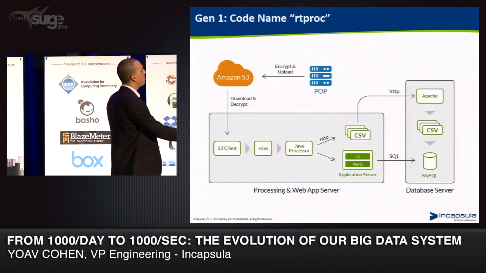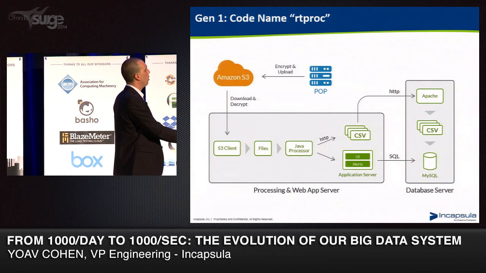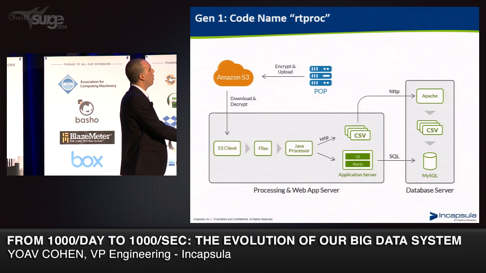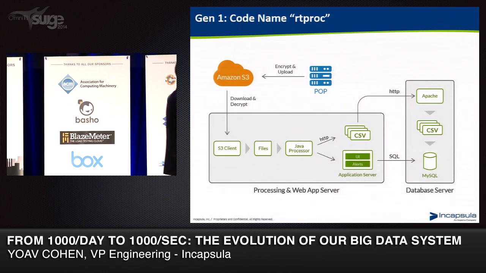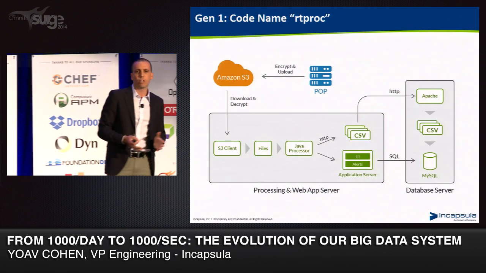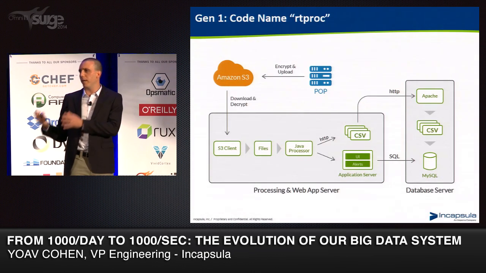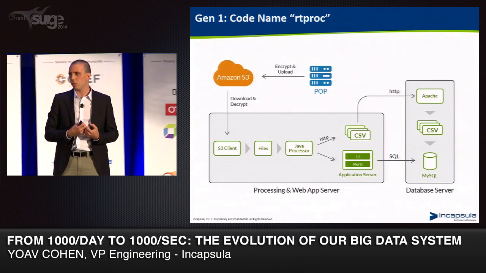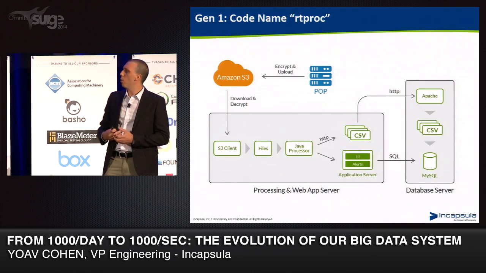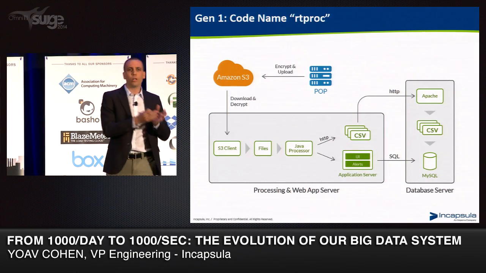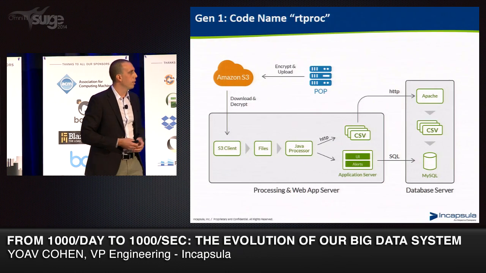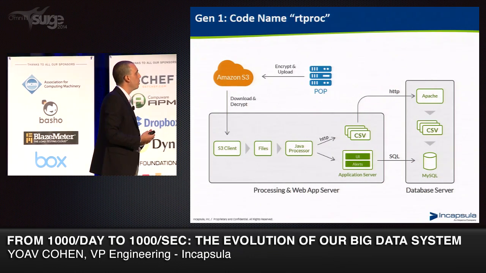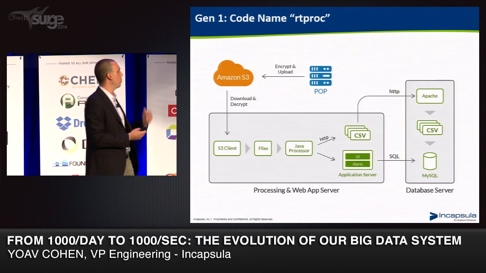So we have our POP server here, our POP and all the edge servers inside. And we use Amazon S3 as a mediator, as a buffer, to store the files that are generated by the edge servers until they are picked up by our processing engine. So we encrypt the files, we upload them to S3, and from our processing server, we download them and we decrypt them.